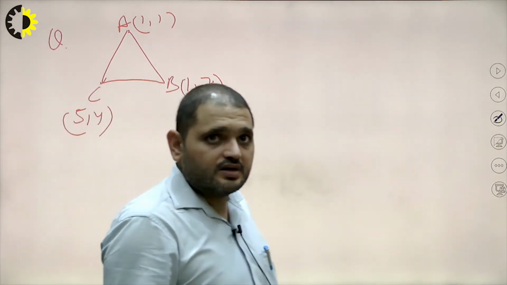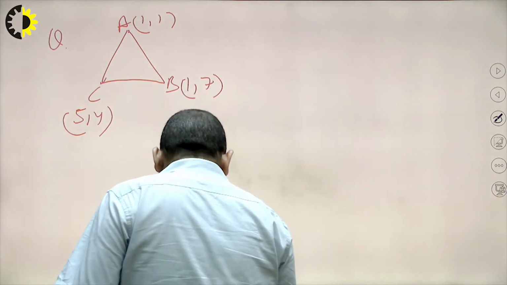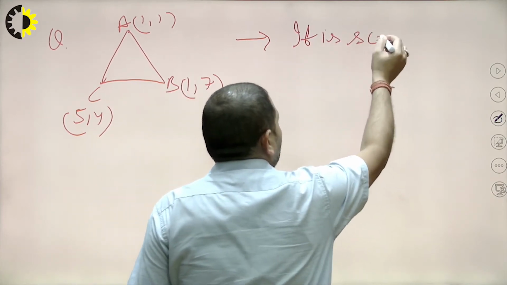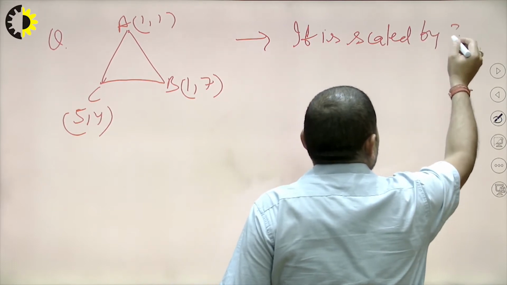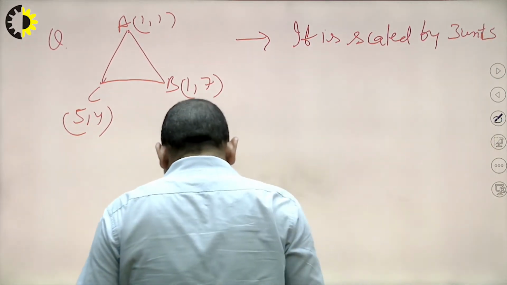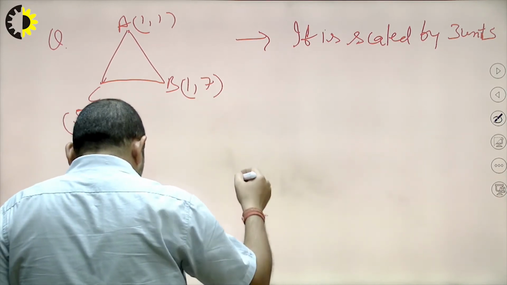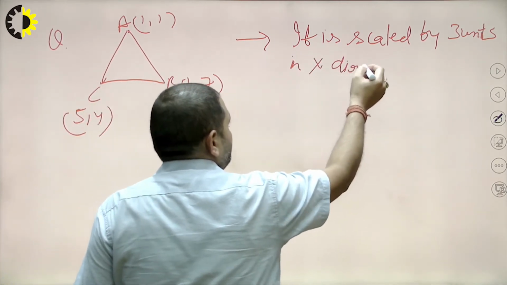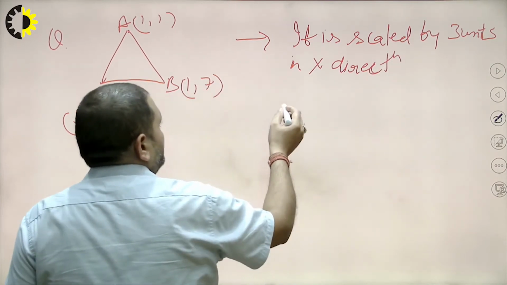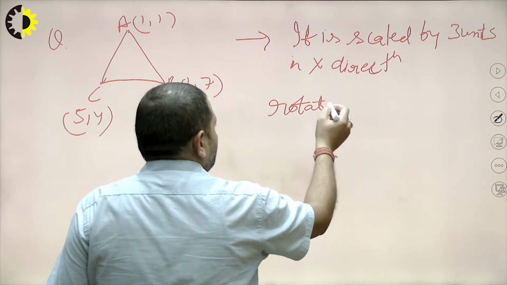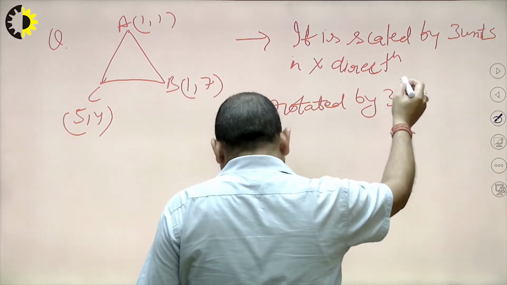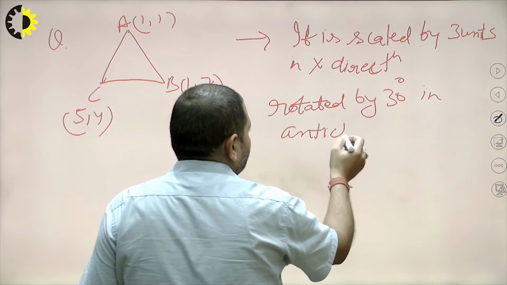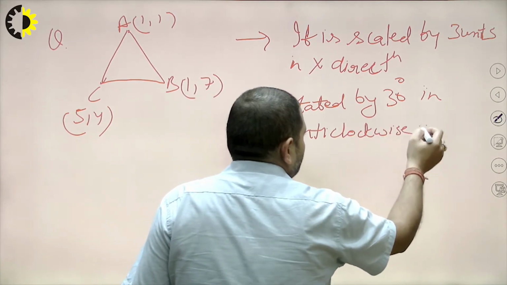This triangle is scaled by 3 units in x direction, and rotated by 30° in anti-clockwise direction.